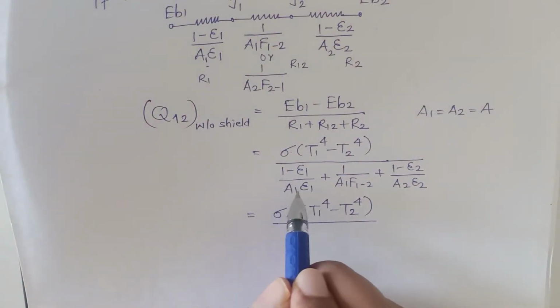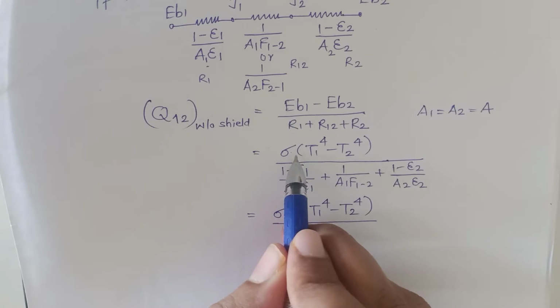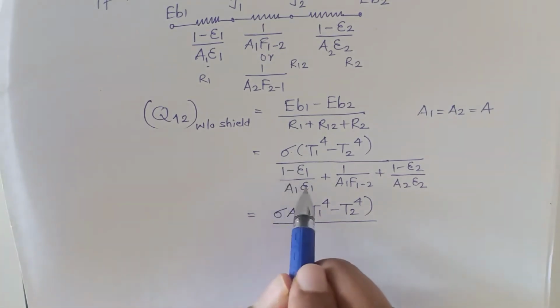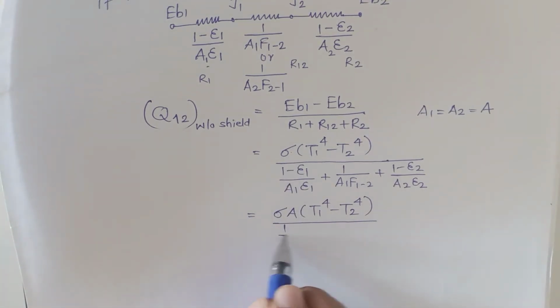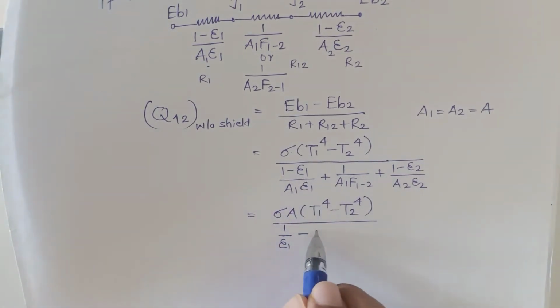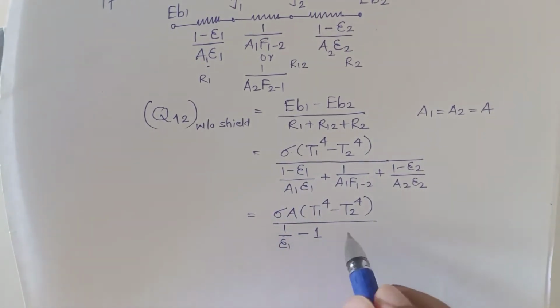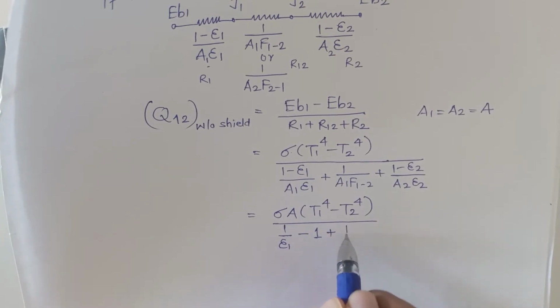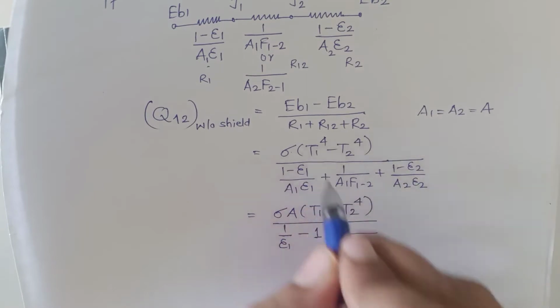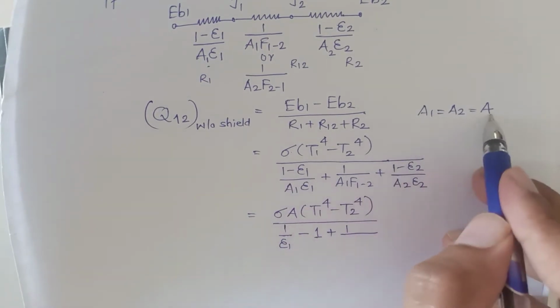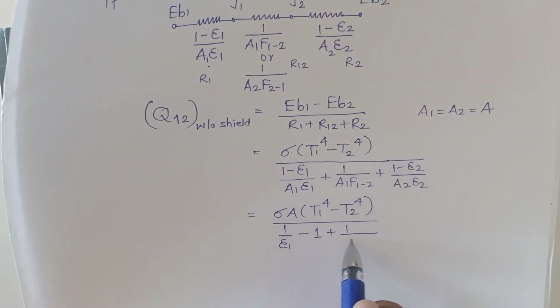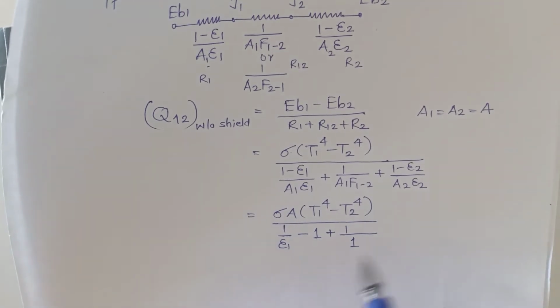We will separate the denominator. A1 has already gone in the numerator. Then 1 upon epsilon 1, minus epsilon 1 upon epsilon 1, so that will be 1 upon epsilon 1 minus 1, plus 1 upon F12, since A1 is taken out. The surfaces are large enough, so F12 will also be equal to 1.